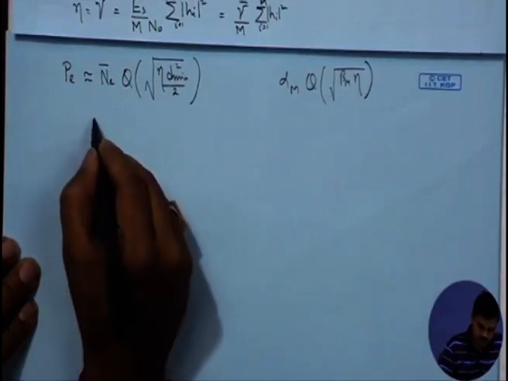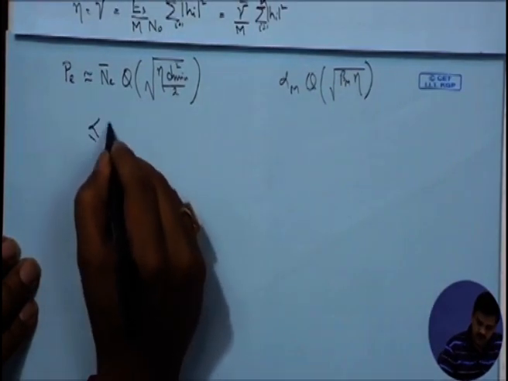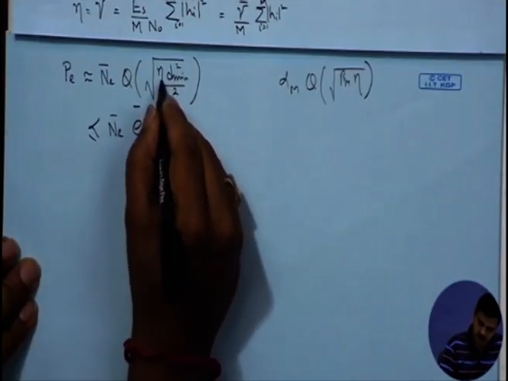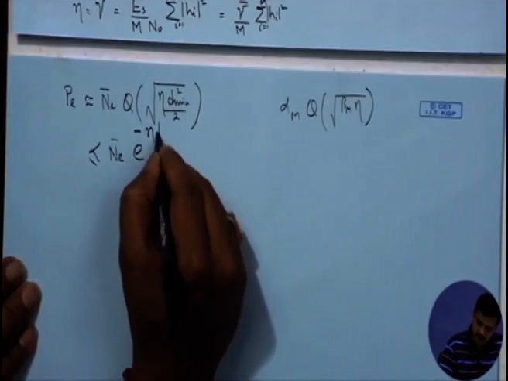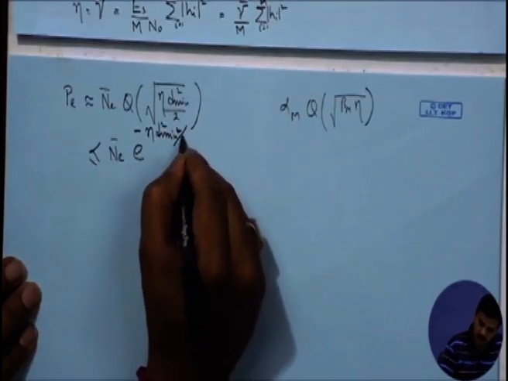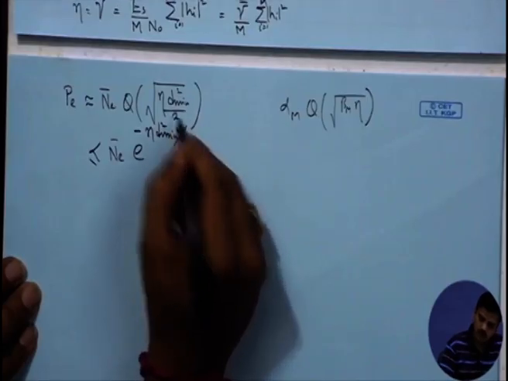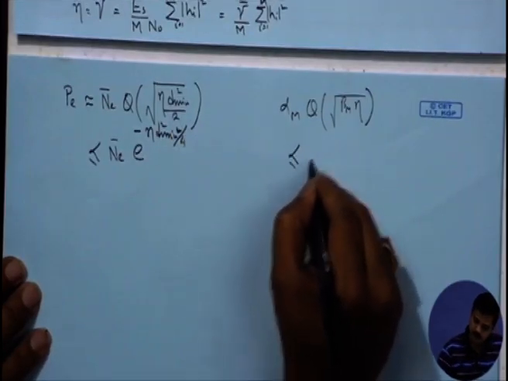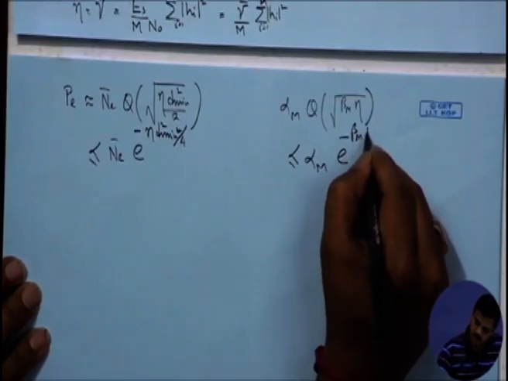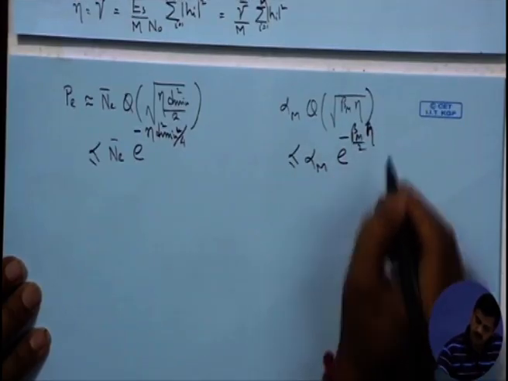So, using the Chernoff bound, this is less than or equal to N_i bar e to the power of minus eta d min squared by 4, where one 2 comes from the Q function and another 2 because of the Chernoff bound. Here it is less than or equal to alpha m e to the power of minus beta m eta by 2.